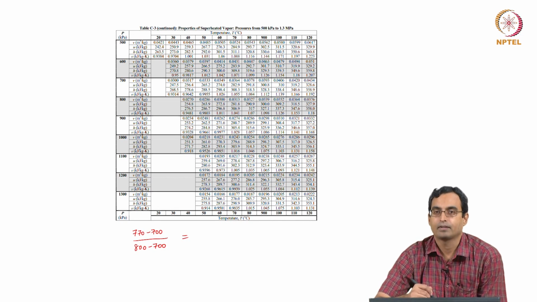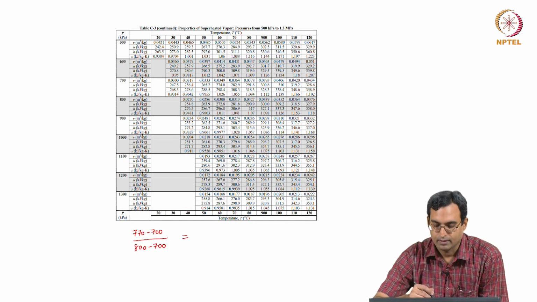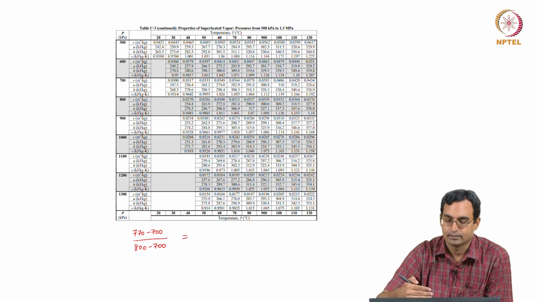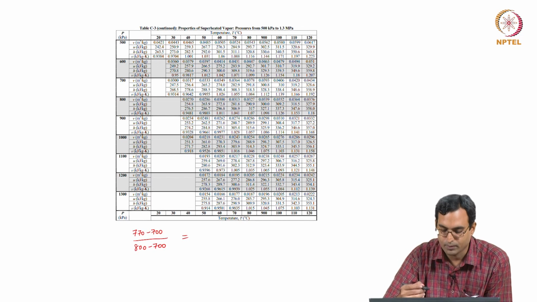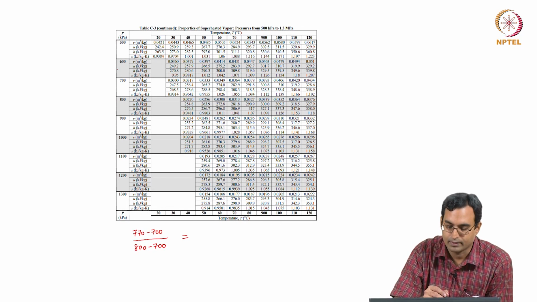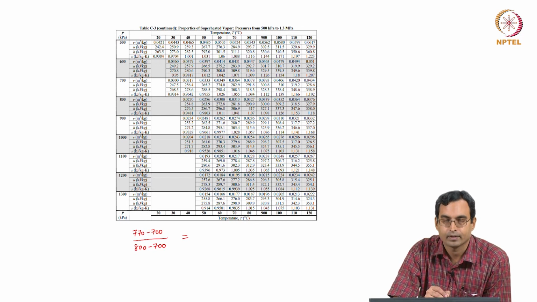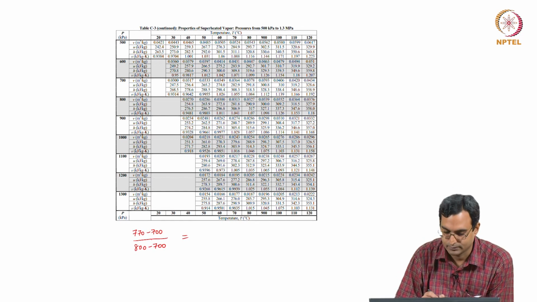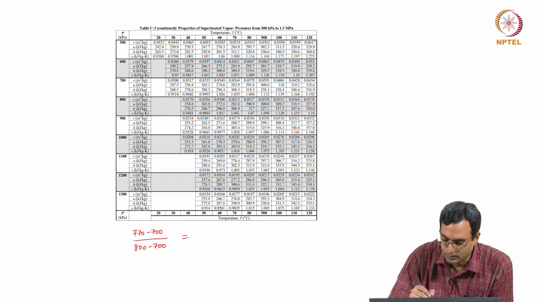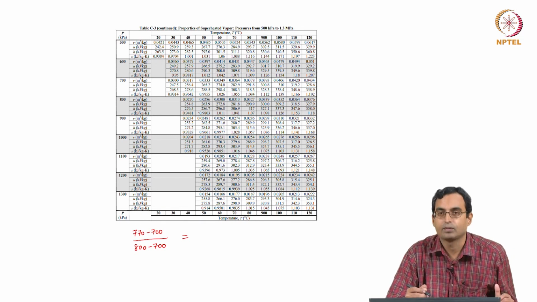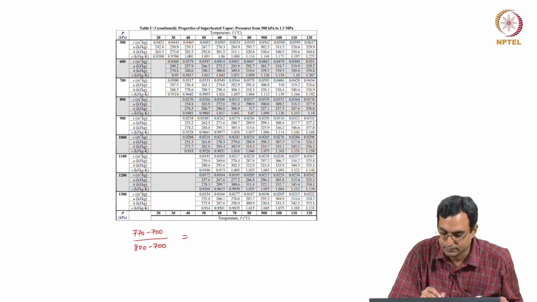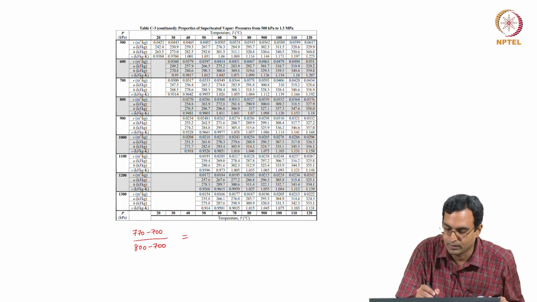So, the temperature values which are given here, this table does not have sufficient gradations. So, what I am going to do as a first cut approximation is, let me assume that 770 kilopascal is close to 800. So, if I assume it as close to 800, what I want is to find out a temperature. These are temperature values here.